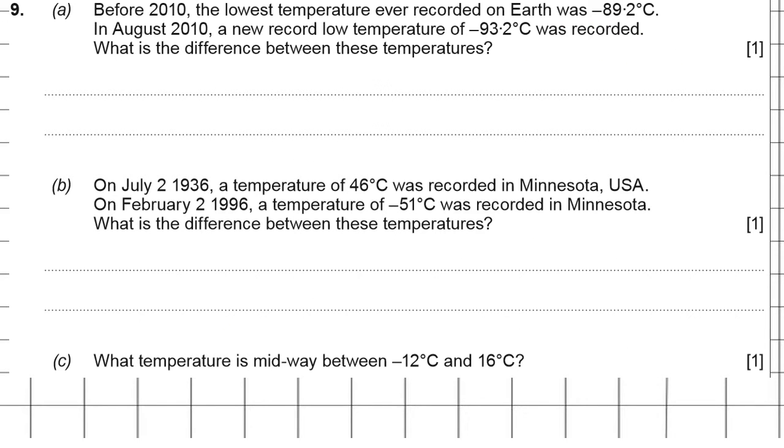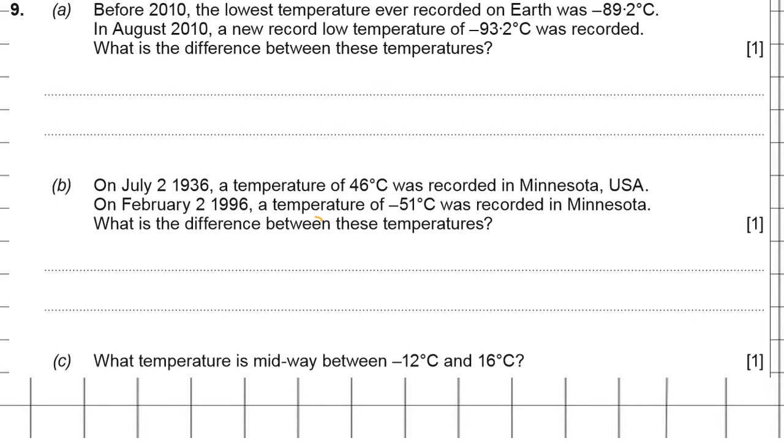Number 9. Before 2010, the lowest temperature ever recorded on Earth was minus 89.2 degrees. In August 2010, a new record low temperature of minus 93.2 degrees was recorded. What is the difference between these temperatures? Okay, so minus 93.2 take away minus 89.2.